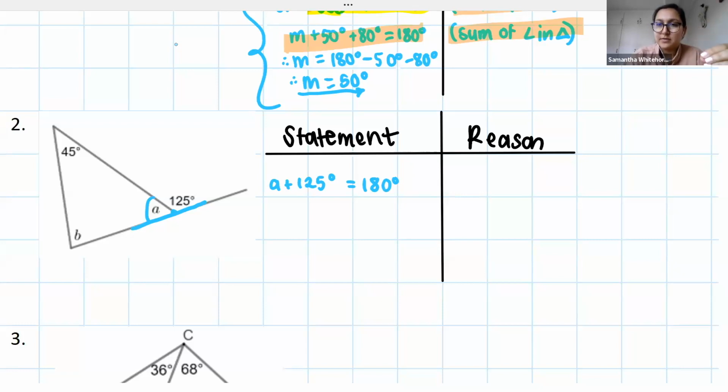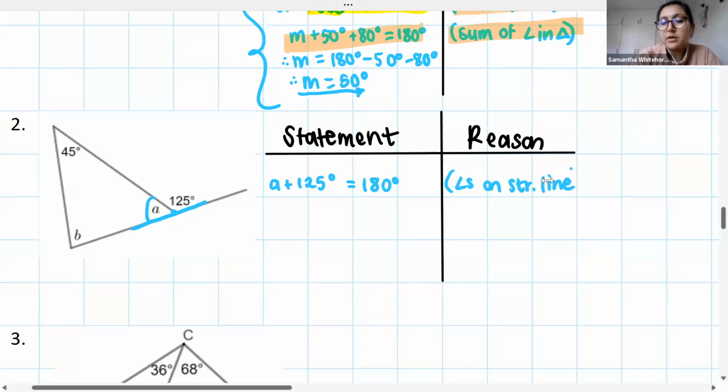Now there's a reason I've said that. Why have I said it? Well, it's because I know about angles on a straight line. So if you ever question what reason to give, think about why you said what you said. Why are you doing what you're doing? And if you can say why, that's your reason.